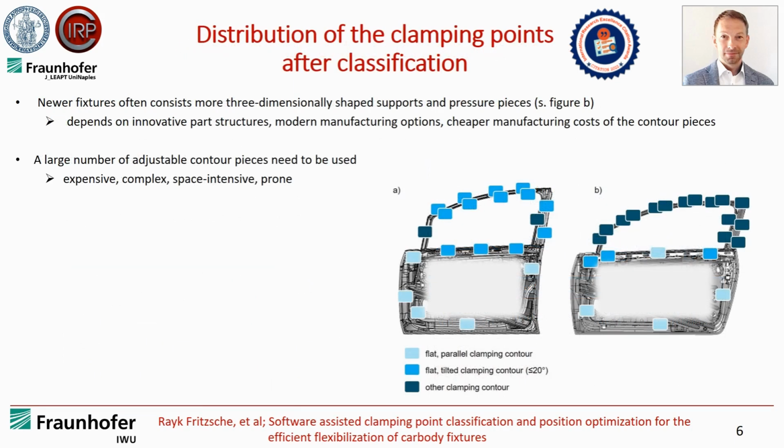If you have a look at the distribution of the clamping points after our classification, we can see here in the picture there are some differences between different models, and we can say that newer fixtures often consist of more three-dimensional shaped supports and pressure pieces, which is shown here in picture B. So the dark blue clamping contours are 3D shaped, and we need flexible contour pieces.